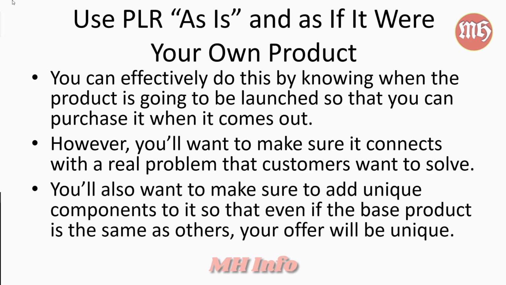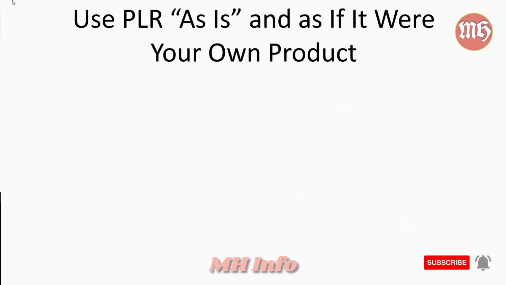To do that, you're going to want to make sure that you're adding very unique components so that even if the base product all by itself is the same as others are selling, your offer is still going to be unique, because you're adding those unique components, and you are pushing it toward a particular problem that you know they're having.